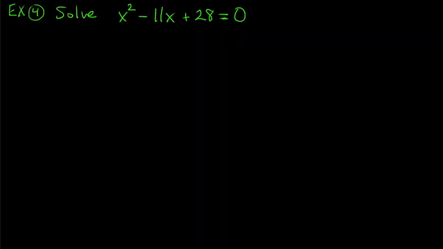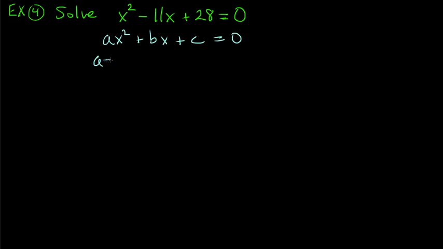Here's our next example. We want to solve the equation x squared minus 11x plus 28 equals 0. The first thing to note is that this is a quadratic equation, and it's in standard form.